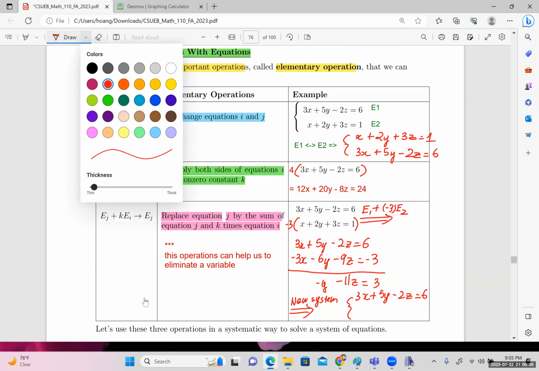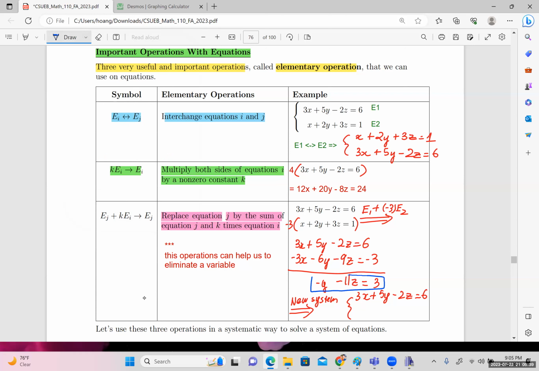But because we did change the new equation 2 to be negative y minus 11z equal to 3.